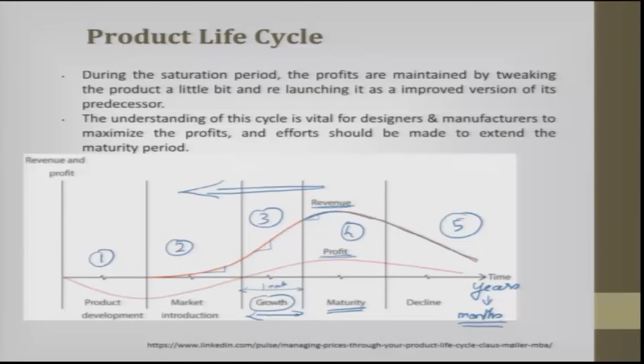Okay. When I talk about examples of products in the computer industry or the electronics industry, the time span is talked about in months. Understanding of this cycle is very vital for a designer and a manufacturer. If I do not know the time scale for which my product will sustain in the market, there is no point in developing a product.